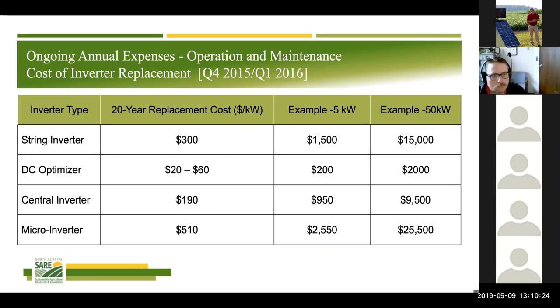And then instead of leveraging that larger cost over 25 years, we try and target when it's going to happen, and try and put in a lump sum for inverter replacement, or what maybe even is becoming more common is actual inverter coverage.